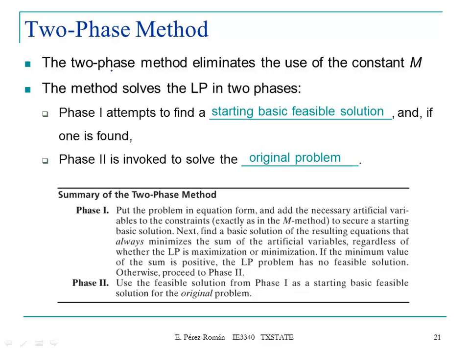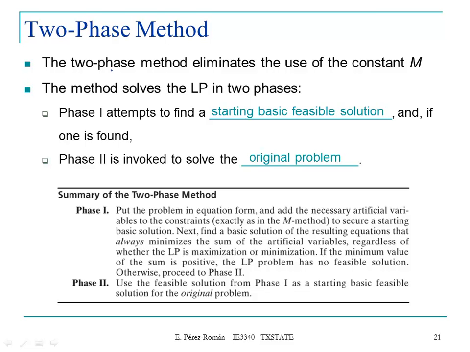Okay, so I took these descriptions from your textbook, and it's a description in more detail of what I just said. So phase 1, put the problem in the equation form and add the necessary artificial variables to the constraints, exactly as the M method, to secure the starting basic solution.